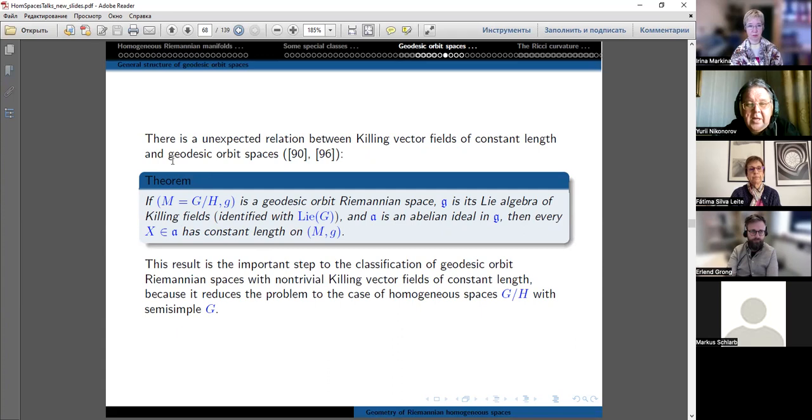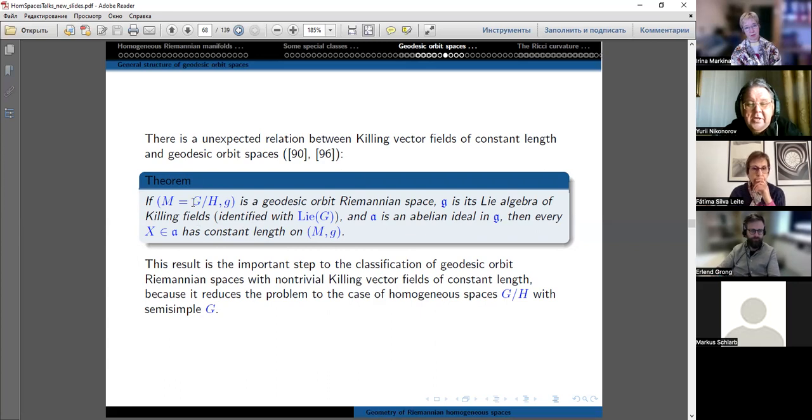And some unexpected relation between various classes of Riemannian spaces. For example, some relation between Killing vector fields of constant length and geodesic orbit spaces. It's not so easy to understand, but we have these results.